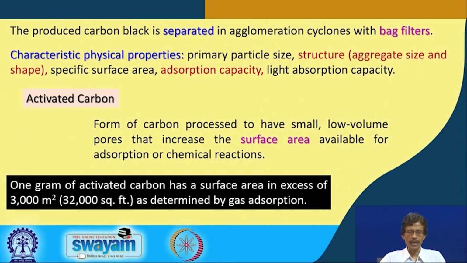So the surface area can be determined through the amount of gas which is getting adsorbed, because the gas also has a surface or volume, which can be determined for that particular amount of activated carbon utilized for gas adsorption.